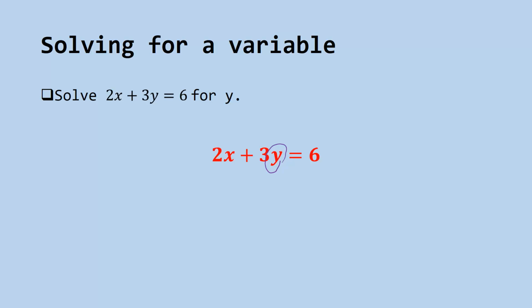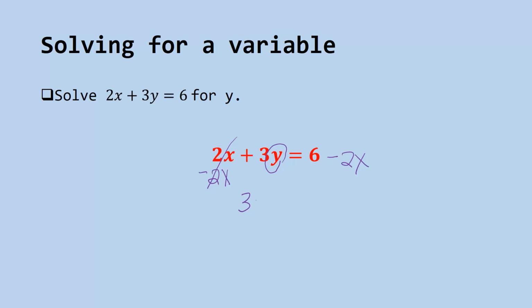So the first thing I'm going to do is start away from the 3y and subtract the 2x, because again we want that to disappear, become 0. So I'm going to subtract the 2x from the other side. Now normally I could combine those terms, but 6 and 2x are not considered like terms.